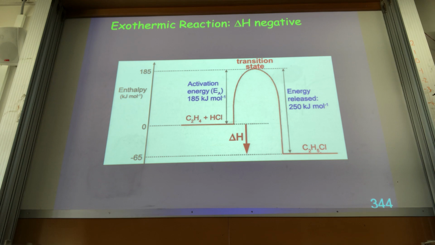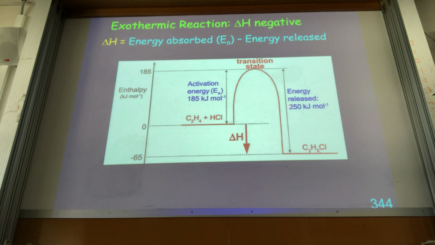So when that happens, we've achieved the transition state, and those very reactive individual atoms can react together very readily to produce the product, chloroethane. Now when that happens, even more energy gets released. 250 kilojoules gets released for every mole of chloroethane produced.